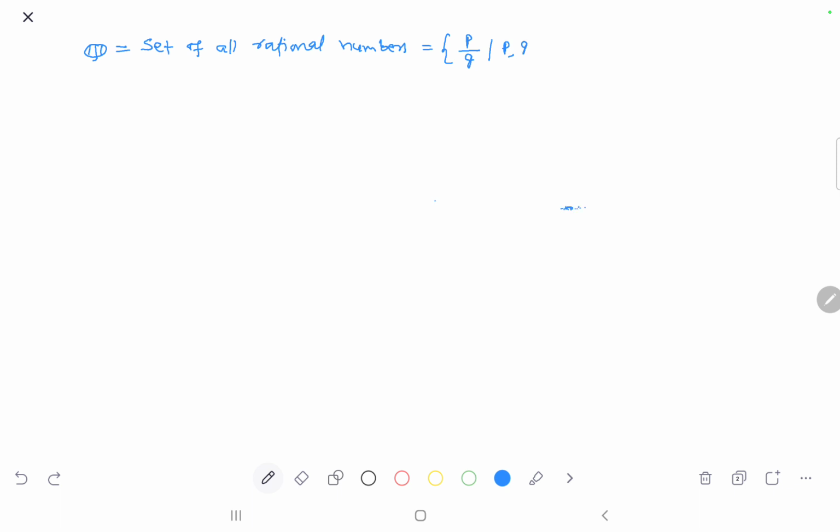I am not listing them because it is not possible. For example, 2 over 3, 5 over 7, negative 2 over 7, like that.